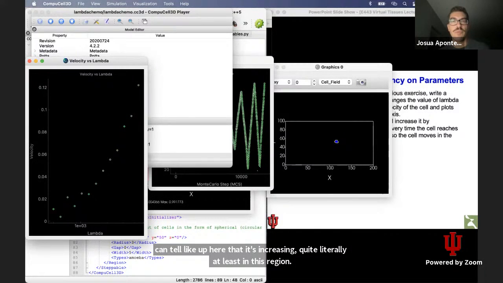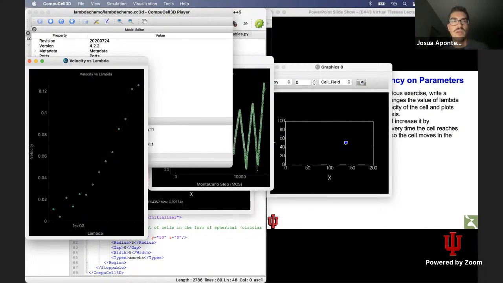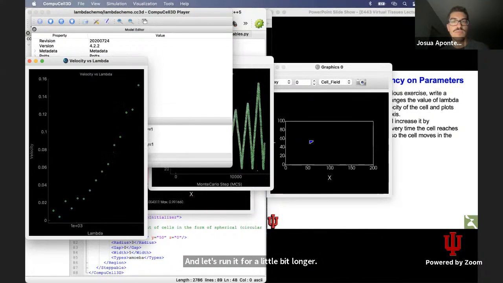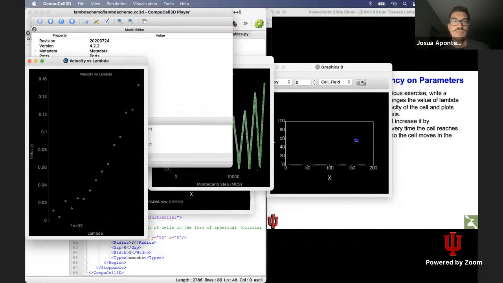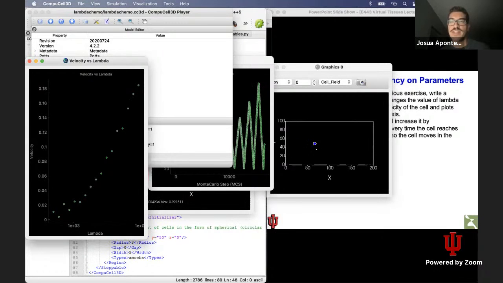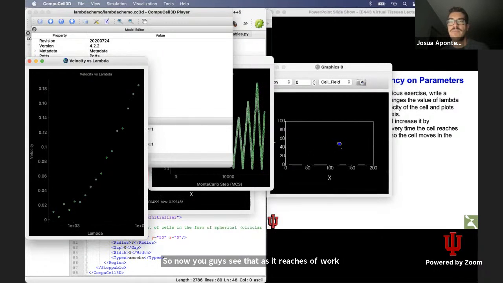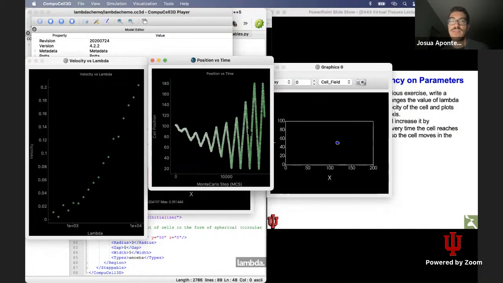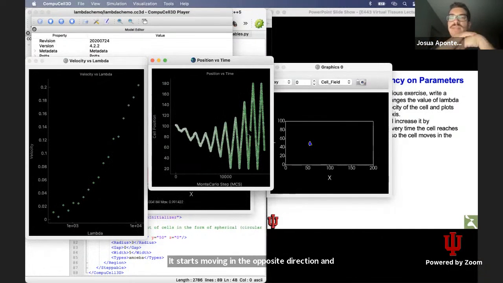And let's run it for a little bit longer. So now you guys see that as it reaches the border, it changes direction. It starts moving in the opposite direction, and the lambda increases as well.